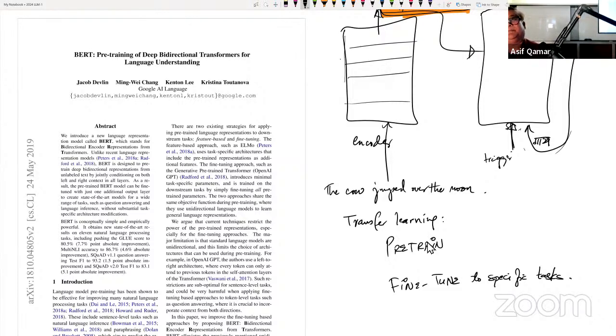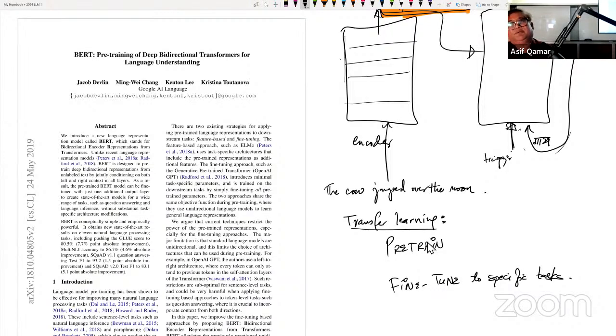Go ahead. Sorry, just a basic question. The term transfer learning, why is it called transfer learning? Very good question. So again, I'll just recap. When you pre-train a model, it is pre-trained for a task which is a subtext to all tasks, or a prerequisite to all tasks.